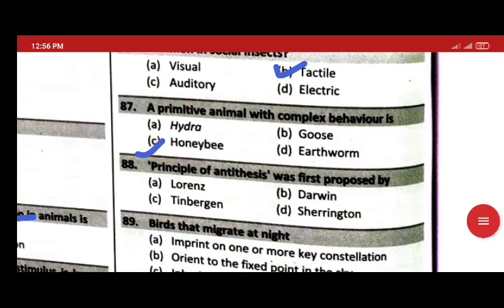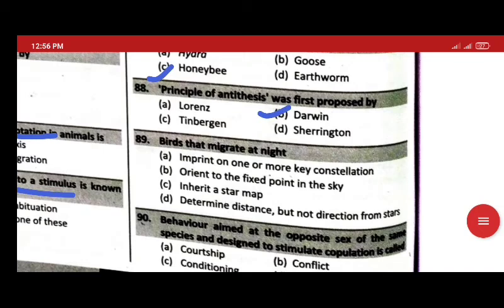Now 88 number, principle of antithesis was proposed. So first, students, you should know about antithesis. So antithesis is mostly given for adaptation features. So that is on Darwinism. So 89 now, birds that migrate at night.